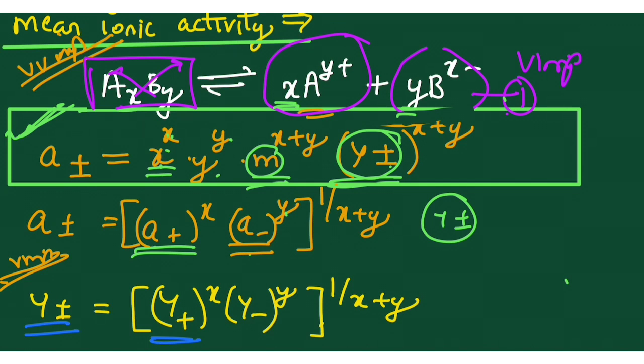So the first step again will be writing the dissociated equation as equation 1, then calculating x and y and applying this formula: gamma plus minus is equal to gamma plus to the power x into gamma minus to the power y, whole raised to the power 1 divided by x plus y. I hope you are very clear with this point. Okay, let's move forward.